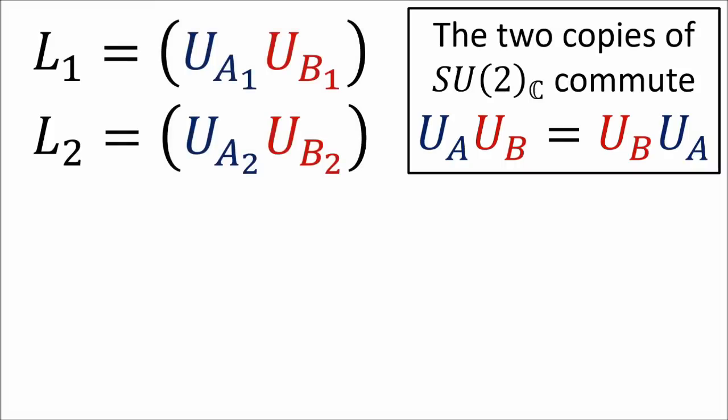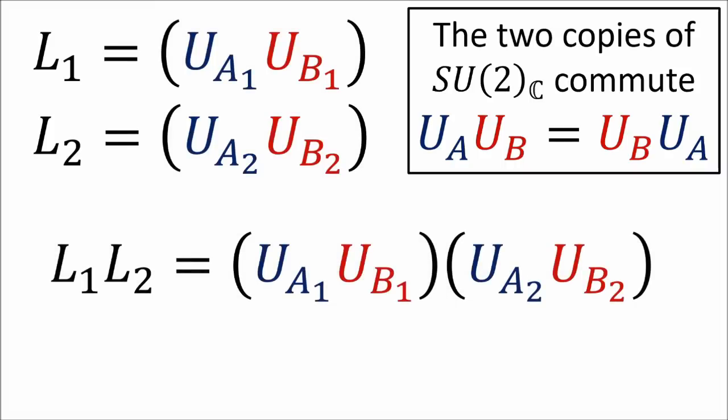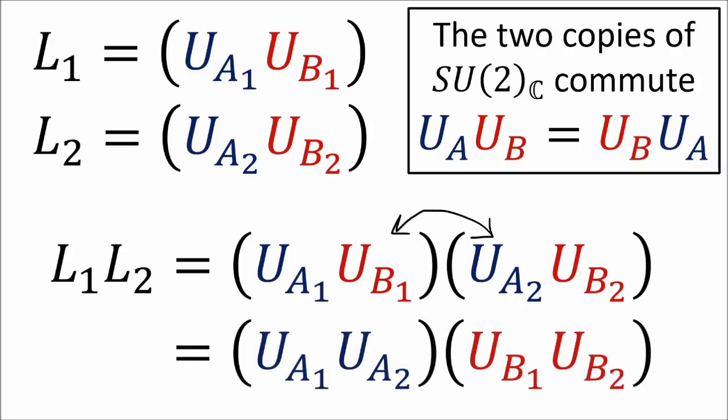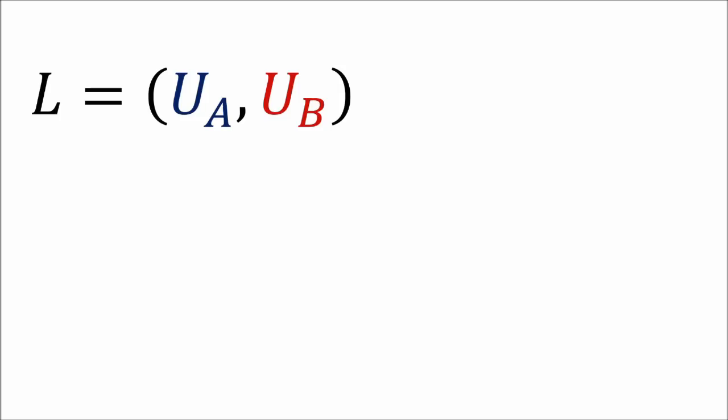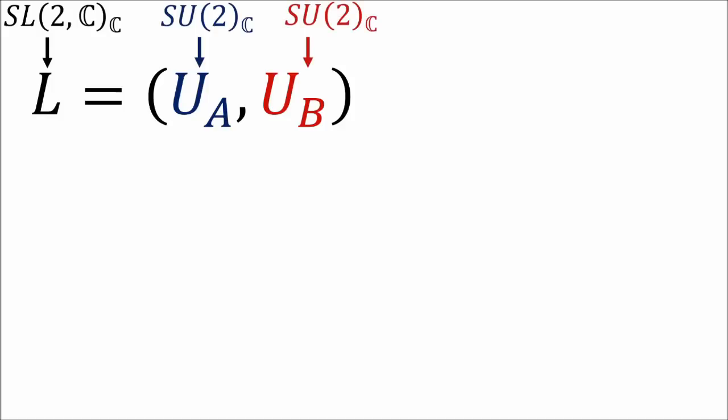So if we have two Lorentz matrices L1 and L2, we can decompose each of them into a product of UAs and UBs. If we compose the Ls, because the A and B versions of the U's commute with each other, we can swap these elements and end up with a product of UAs times a product of UBs. So we can write a complexified Lorentz group element as an ordered pair of complexified SU2 group elements.